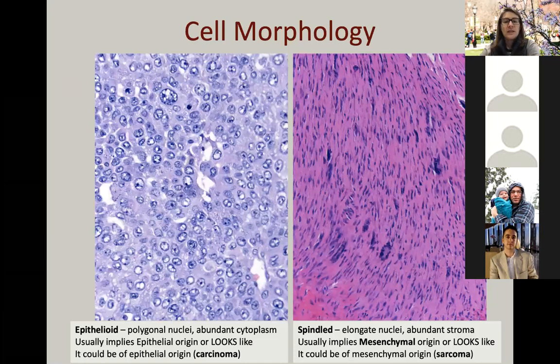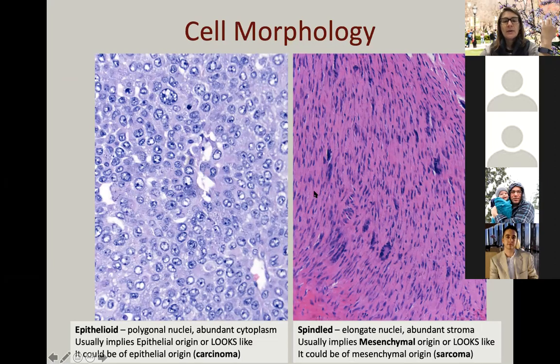The morphology of the individual cells, we generally describe as epithelioid, meaning abundant cytoplasm, open, oval, polygonal nuclei. This either looks like it could be epithelial in origin, or in fact is epithelial in origin. When we say something is spindled, that means it has elongated, compressed nuclei. This usually implies something mesenchymal in origin.